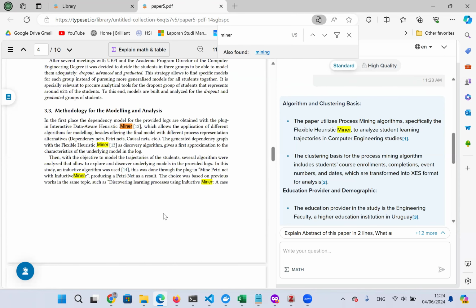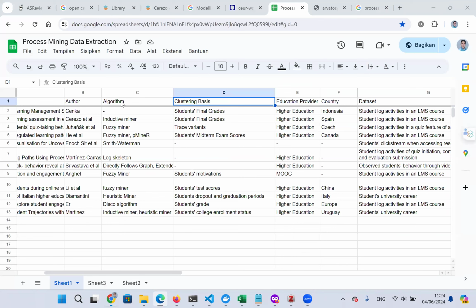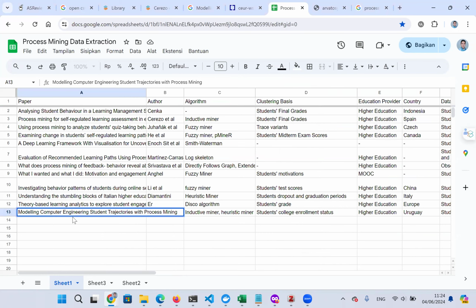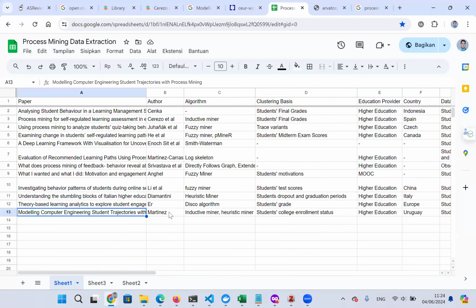So all we have to do is fill in the algorithm column here. I've actually done it already. Since the paper uses two algorithms, we put those two algorithms in the algorithm column.